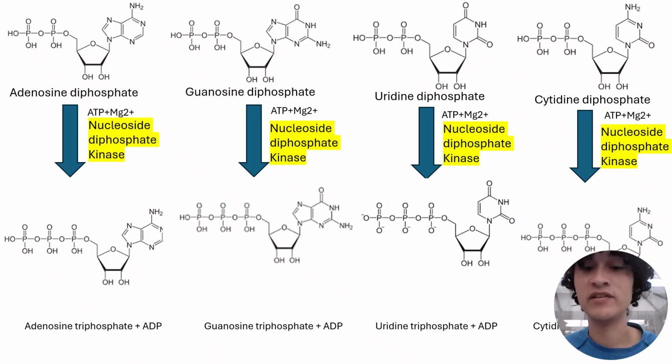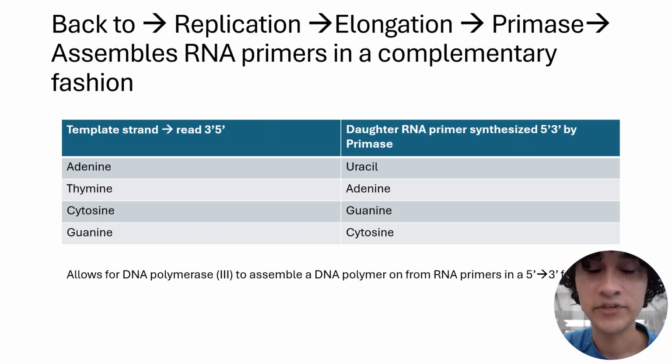Our primase enzyme can now use that as our primer, if you like. So now we've got our ribonucleotide triphosphates. They're ready to polymerize now. That phosphoanhydride bond is going to allow for that work to happen. Essentially, primase is working the same way as DNA polymerase.